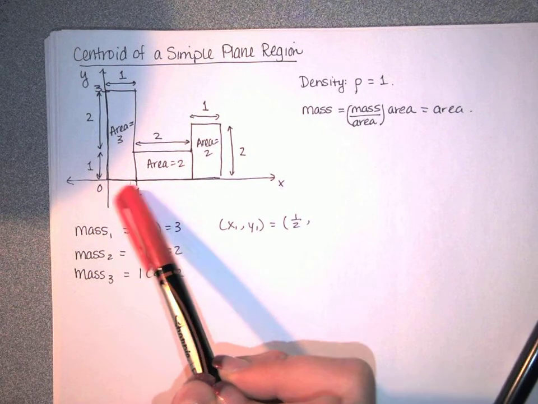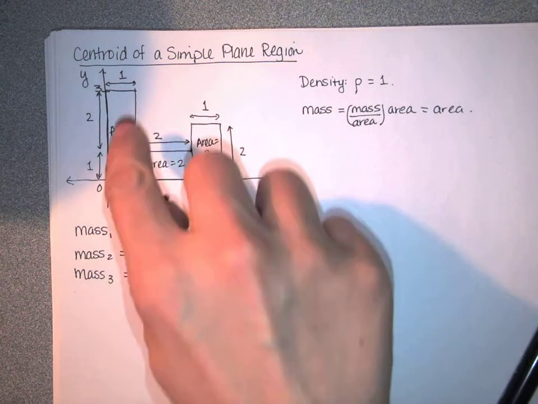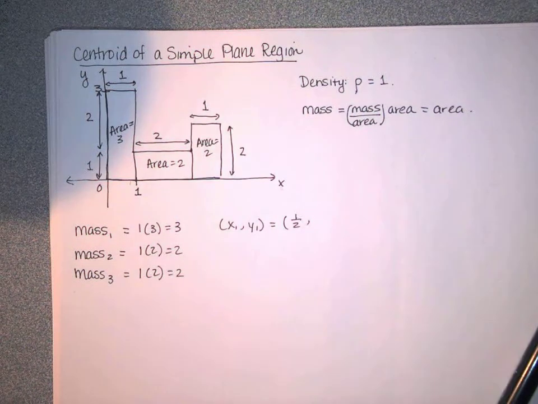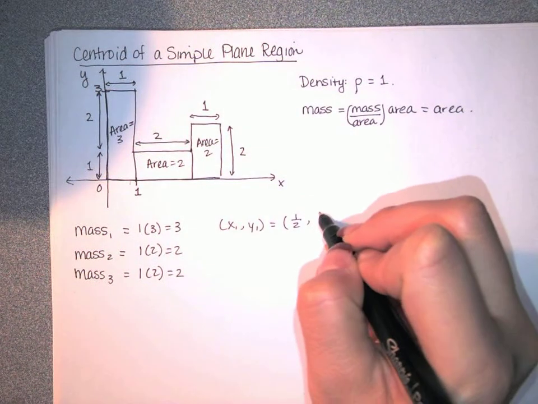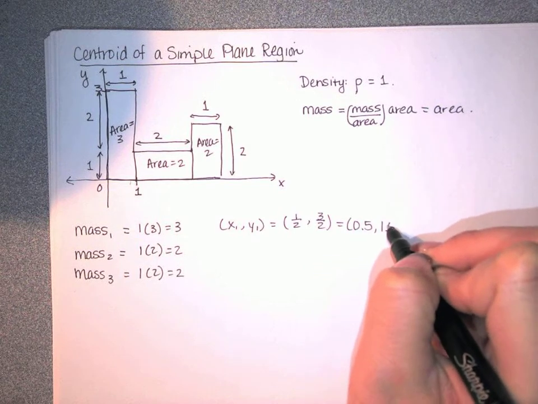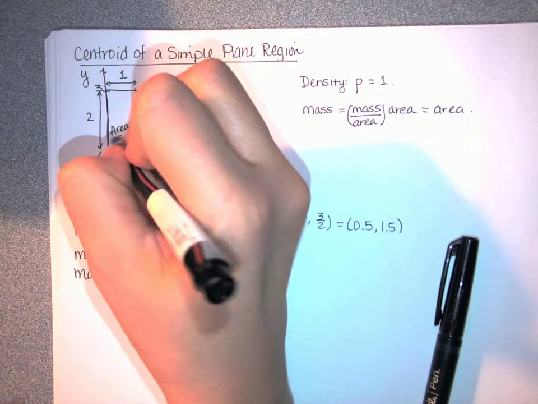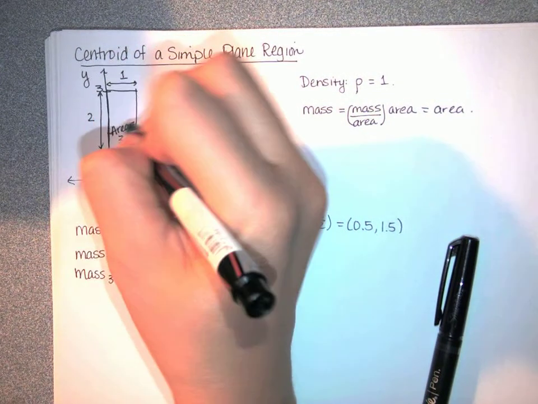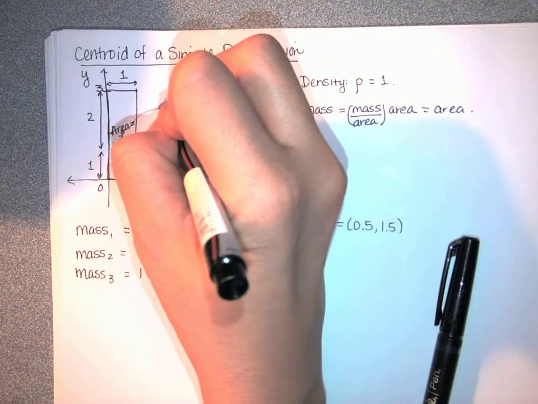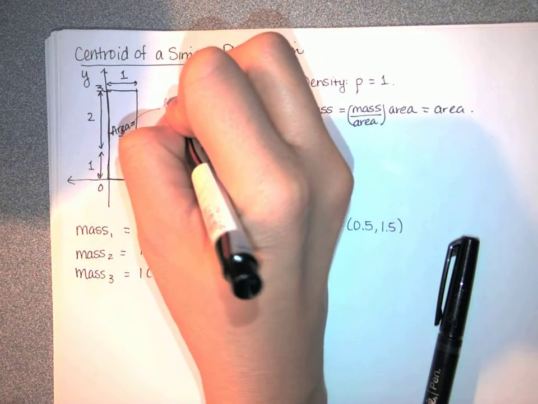It's exactly halfway in between 0 and 1. And the distance for the y's is 3, so halfway in between. 3 plus 0 divided by 2, the average y value is 3 over 2. Or if you prefer, it's just 0.5 and 1.5. So I guess I shouldn't have drawn that right on here. But that's my center of mass. It's at 0.5 and 1.5.